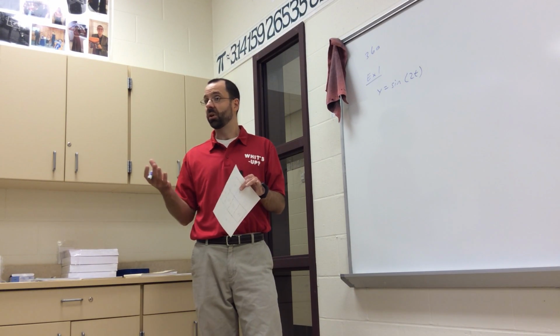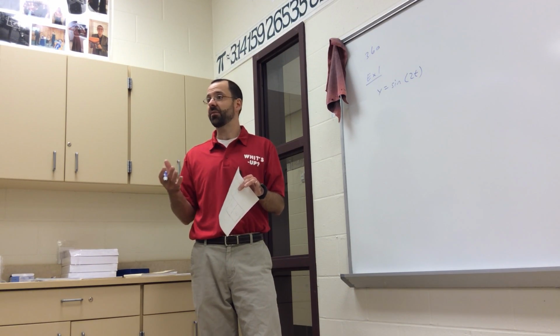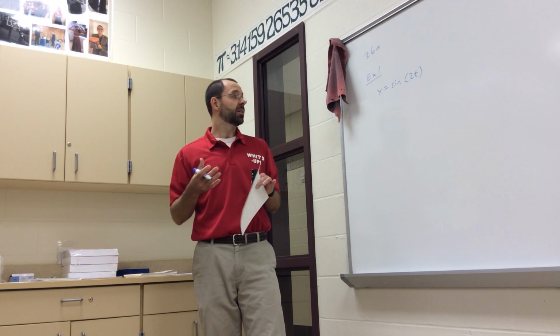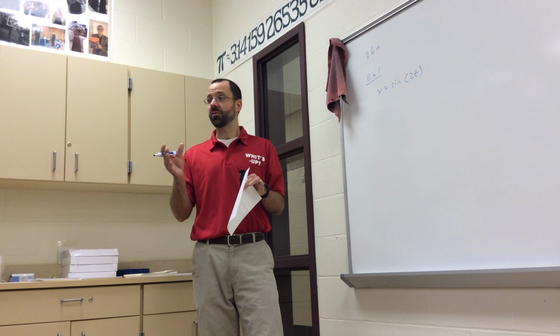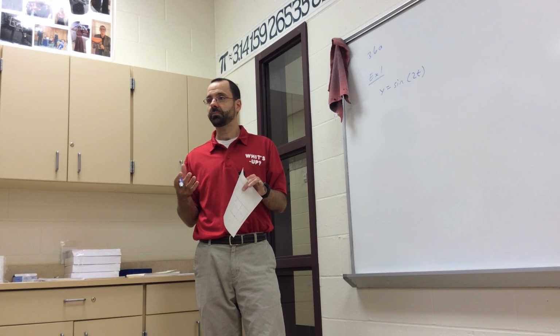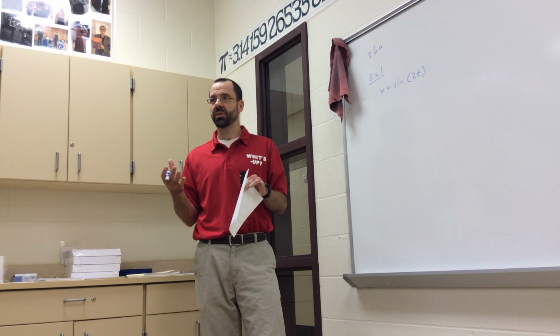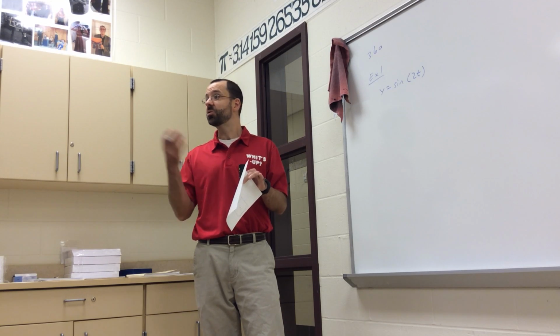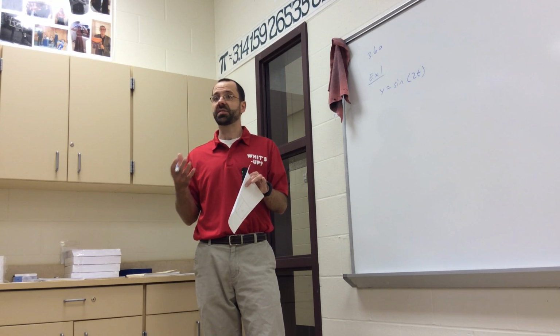Okay, so before you try to do that, you have to identify the inside function and the outside function. So on this problem, the inside function, the one that's plugged in, is 2t. Everybody 100% certain with that? Okay, and then the outside one, the one that 2t is plugged into, is the sine of t.